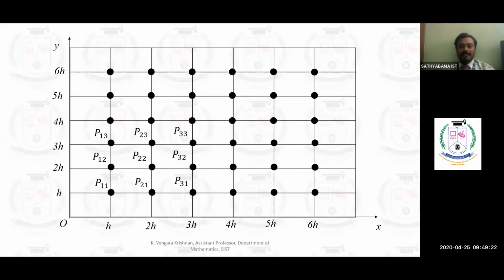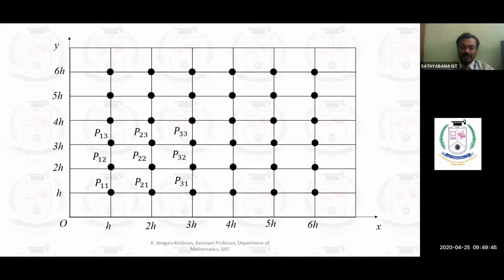Now let's see the schematic representation. Suppose this is the region R in which we have to find the solution to the partial differential equation. We divide this entire region R into square meshes. Here you can easily see the distance along the x-axis is h.